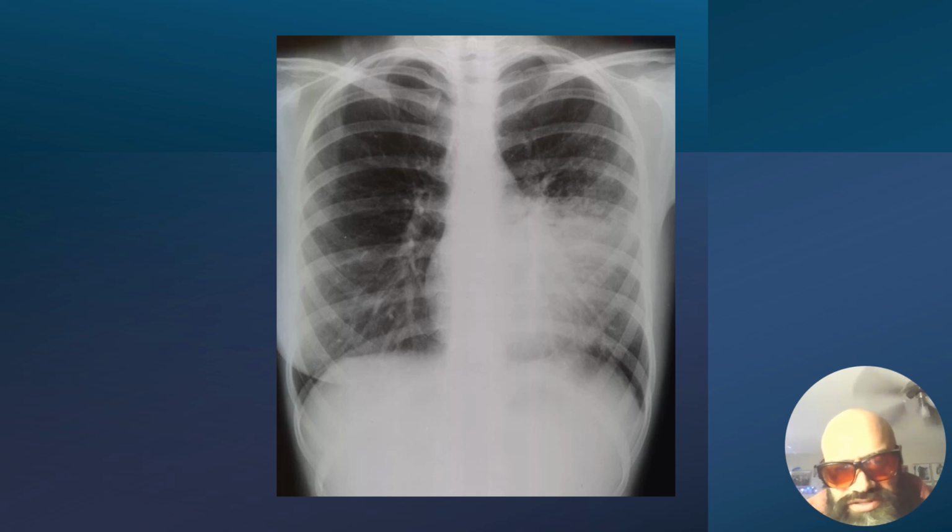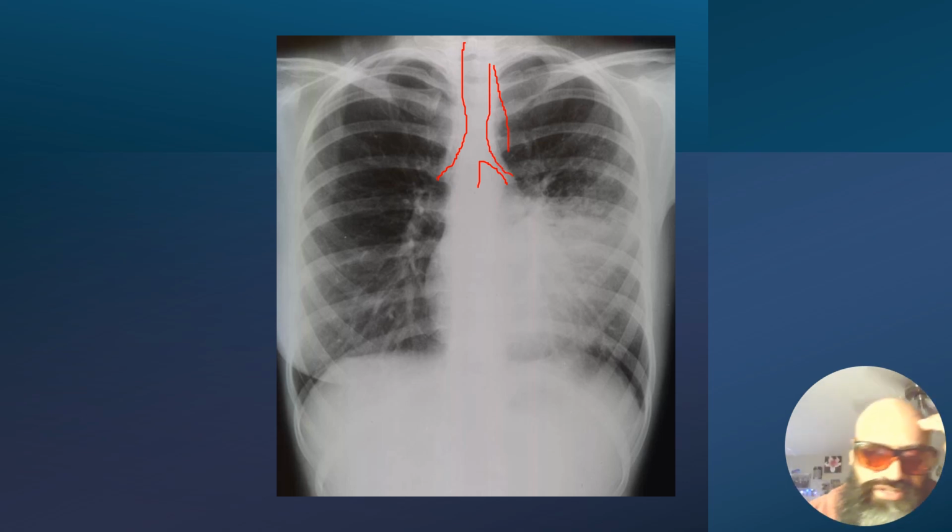Here's another example of silhouette sign. So, we go through our motions here of A, B, C, D. We find the trachea, we find the carina. But yeah, we start noticing these air fluid lines here. Here's another example of an air bronchogram sign there.